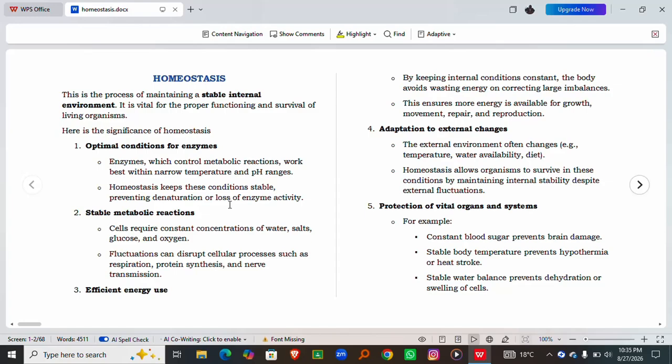When we talk about metabolic reactions, basically we are looking at respiration and some other processes that result in breakdown and building of molecules within the body.